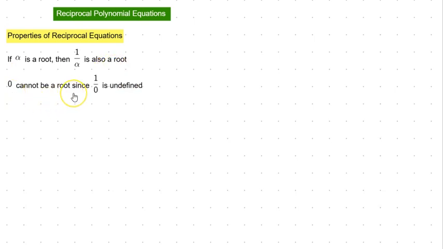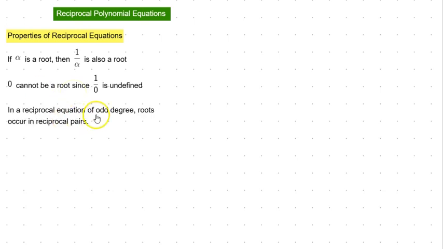Now let us look at properties of reciprocal equations. If alpha is a root, then 1 by alpha is also a root, which means 0 cannot be a root. Why? Because then 1 by 0 would also be a root, which is undefined. So 0 cannot be a root.